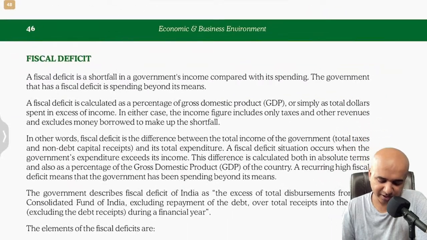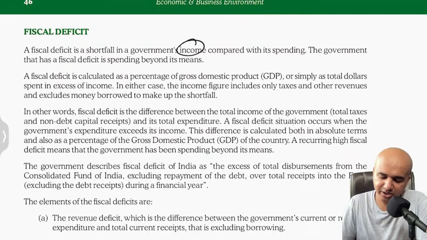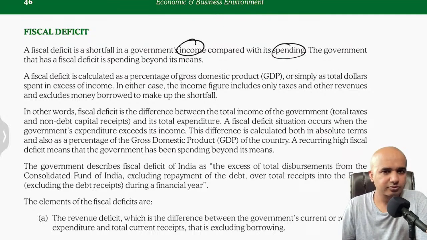Now let us look at this concept called fiscal deficit. What is this fiscal deficit? It's nothing but the shortfall in government's income compared to its spending. So they have some estimate with respect to income. This is the income which we may earn, and this is the amount which we may spend.